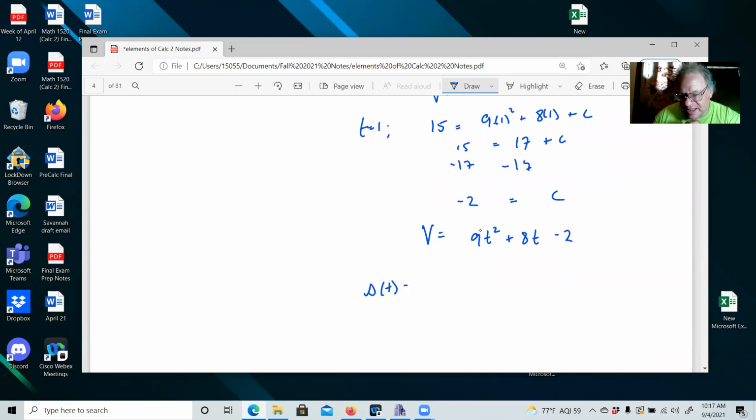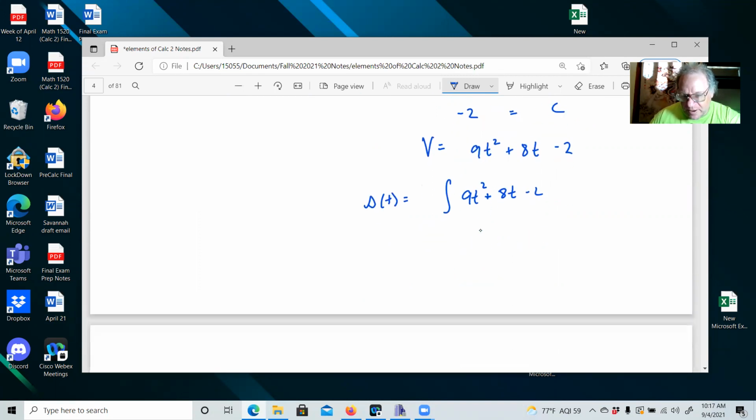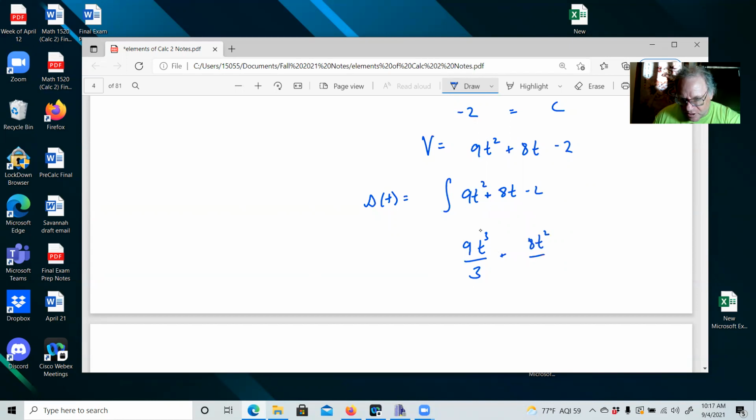So it's equal to the integral of 9t squared plus 8t minus 2 dt. So we're going to have 9t cubed over 3 plus 8t squared over 2 minus 2t plus c2.